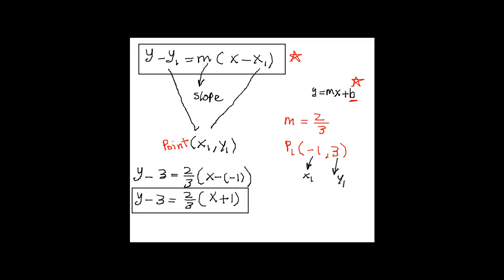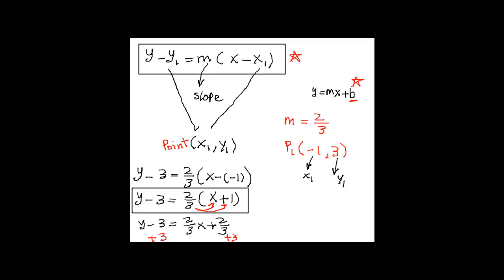Now I need to write this in slope-intercept form because they specifically asked me to do that. In order to do this, I need to distribute. So I get y minus 3 is equal to 2/3 x plus 2/3. Now I have to add 3 to both sides of the equation to eliminate the 3 here.